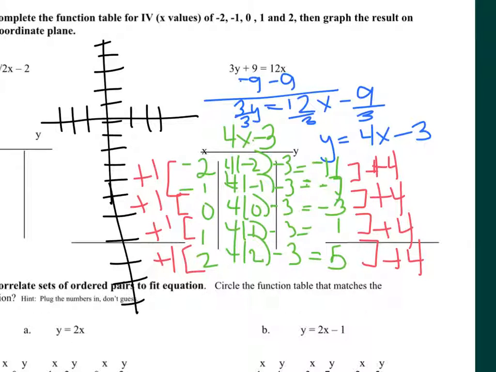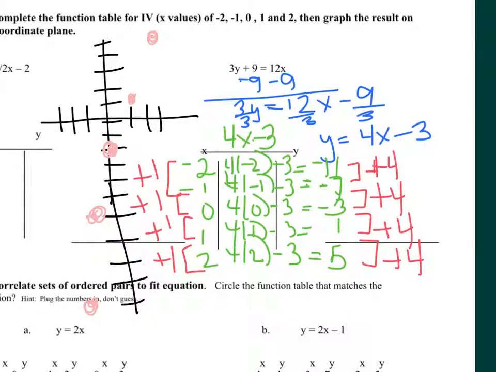So my first is negative 2, negative 11, so that's going to be down here. Negative 1, negative 7, so right here. 0, negative 3, that's the y-intercept. 1 and 1, up in quadrant 1, and 2 and 5.